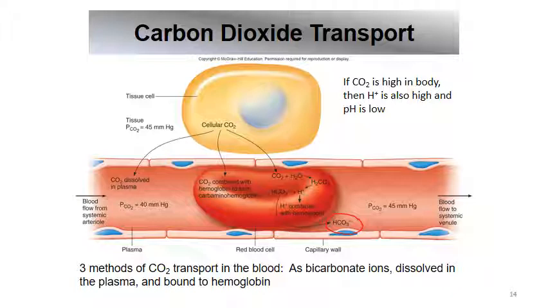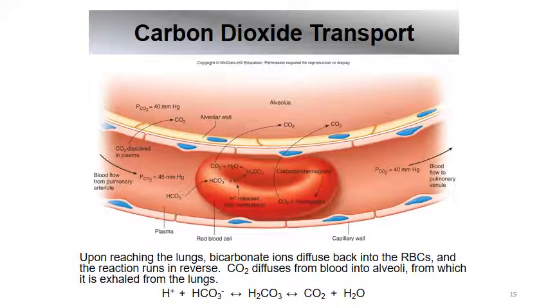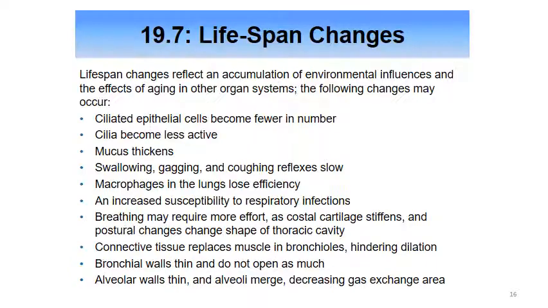There's a special enzyme in our red blood cells that facilitates the CO2 mixing with H2O to form carbonic acid, and then the bicarbonate comes out. Okay, just another picture showing the transport of CO2. And this last slide just talks about what happens as we get older.